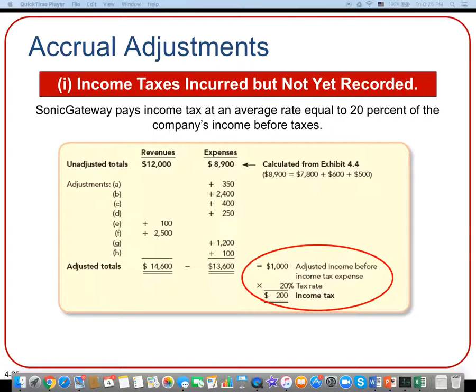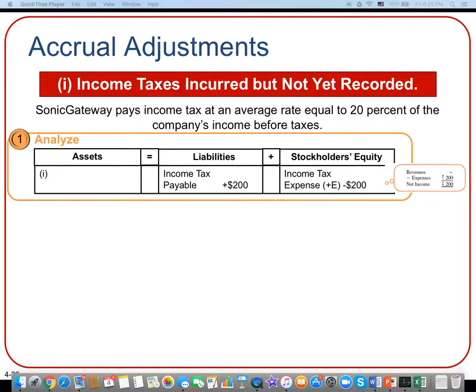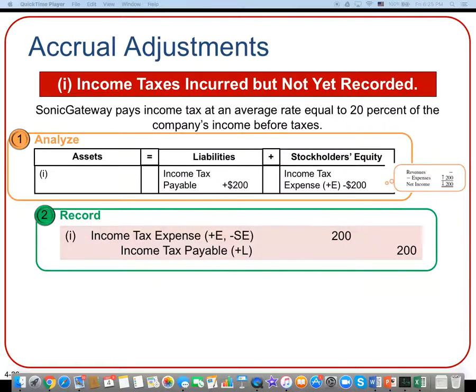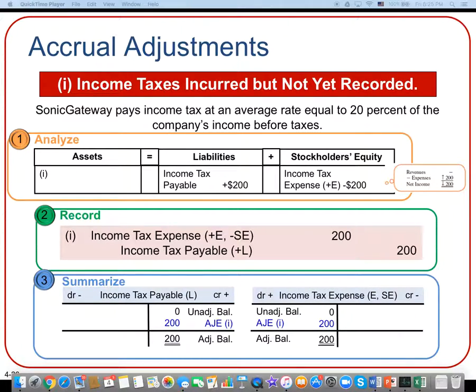This is a case where we have to use an estimate. So we estimated our tax rate at 20%, right? So now the income tax is $200. Here, you should record your income tax expense of $200 and increase your liability account by $200. Okay, that's the accounting entry.